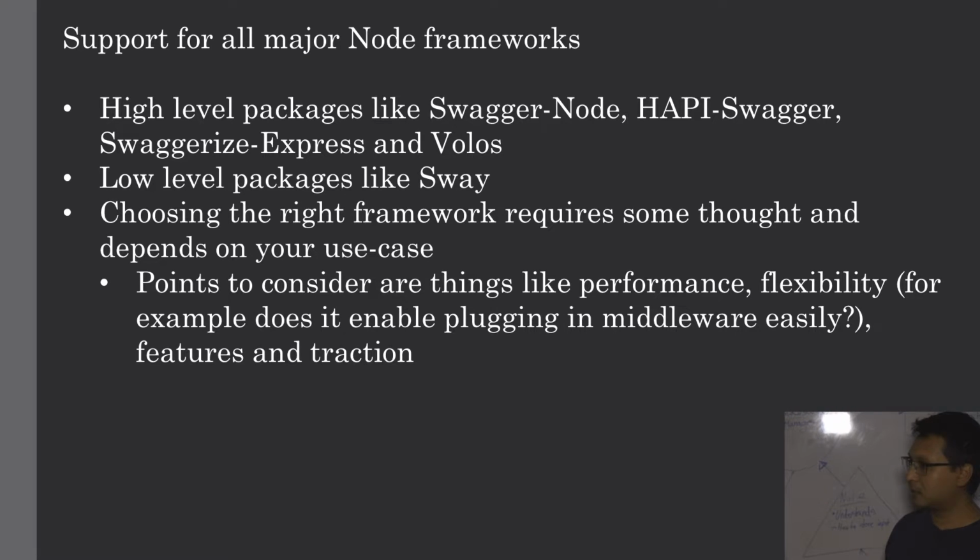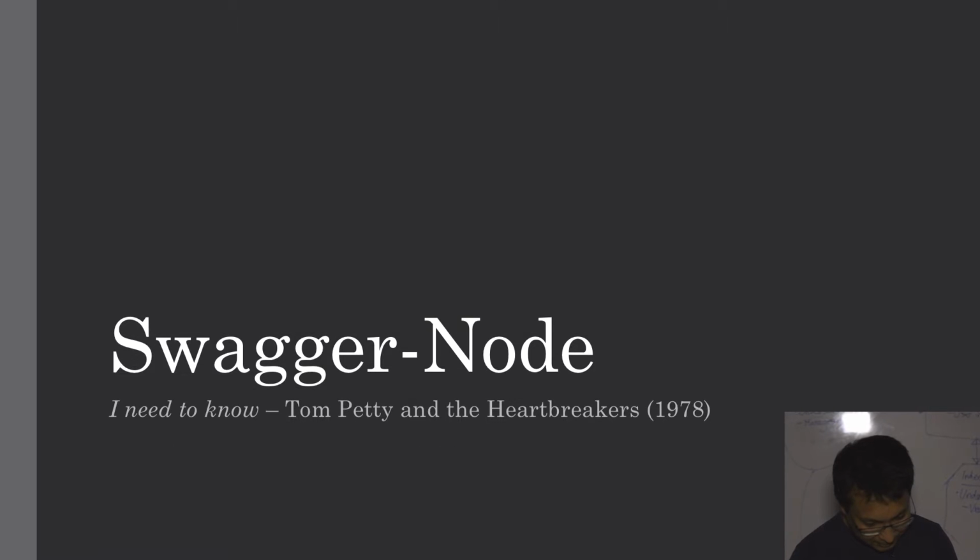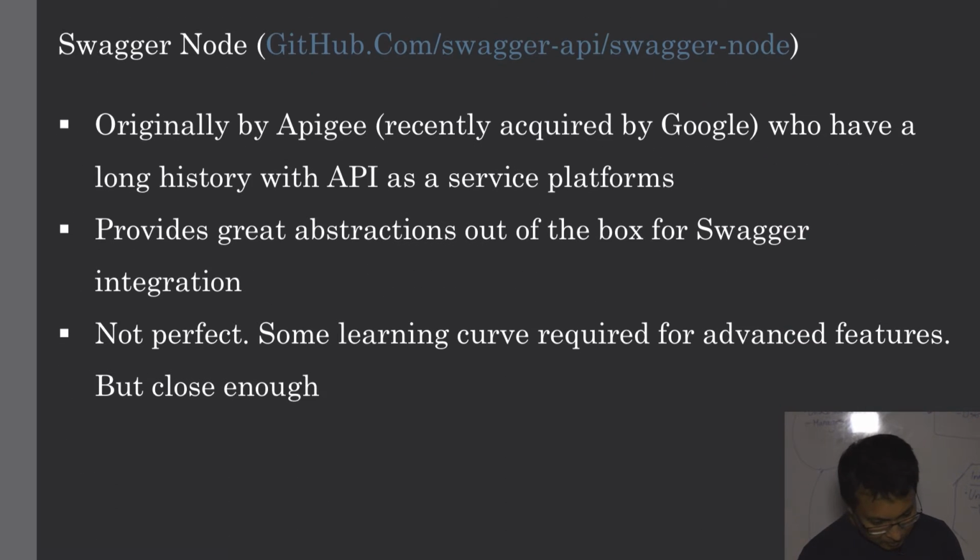Is it compatible with the entirety of the specification, or have they left out a few things? And of course, traction. That's also very important. You don't want to write system-critical services and then 10 days later have a left-pad in your hand. Basically, do your due diligence.